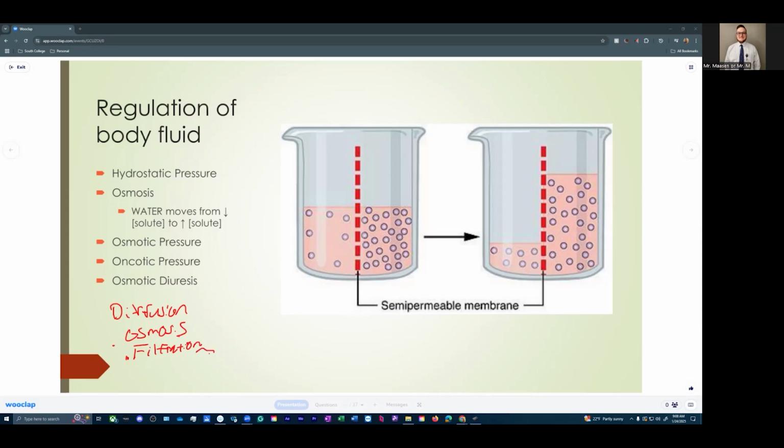What maintains filtration is basically the hydrostatic pressure in the blood vessels pushing things out, and the osmotic pressure, the balance of pushing stuff back in. They're balancing each other out between the extracellular fluid compartment of the blood and the intracellular fluid compartments of the cells themselves.